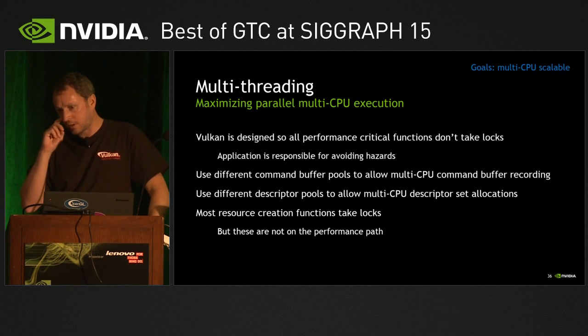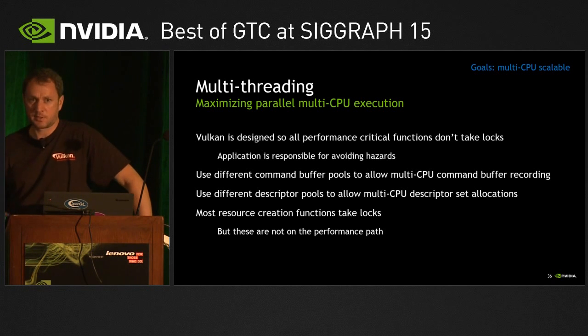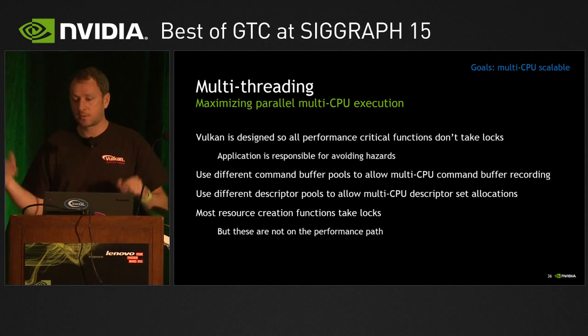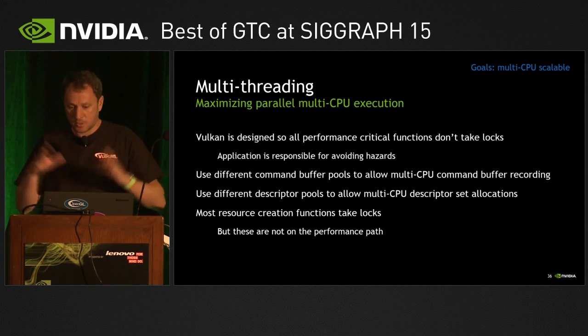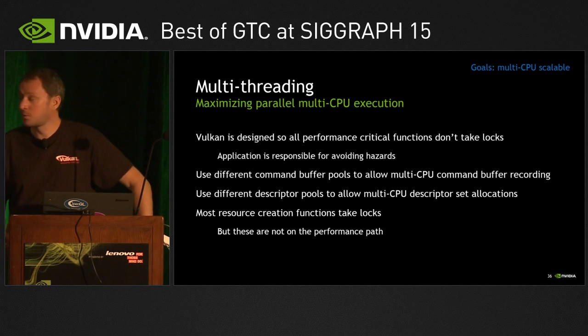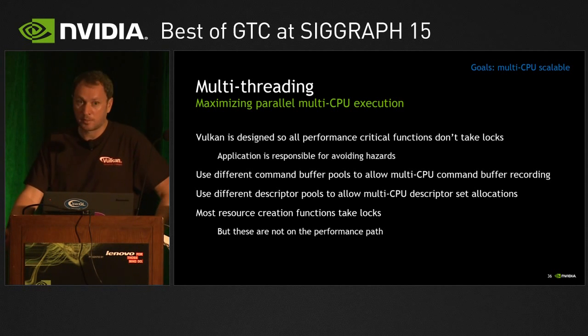But as I mentioned earlier, if you're streaming resources, this is something you can do in a separate thread. Those locks don't contend with, for example, command buffer building. They do contend with other resource allocations. So if you have two threads both allocating resources at the same time, you might hit a lock. But if you do all that kind of stuff on one thread, off the performance critical path, then in general, your application is not going to have problems with lock contention, and it's going to run as multi-threaded friendly as possible.